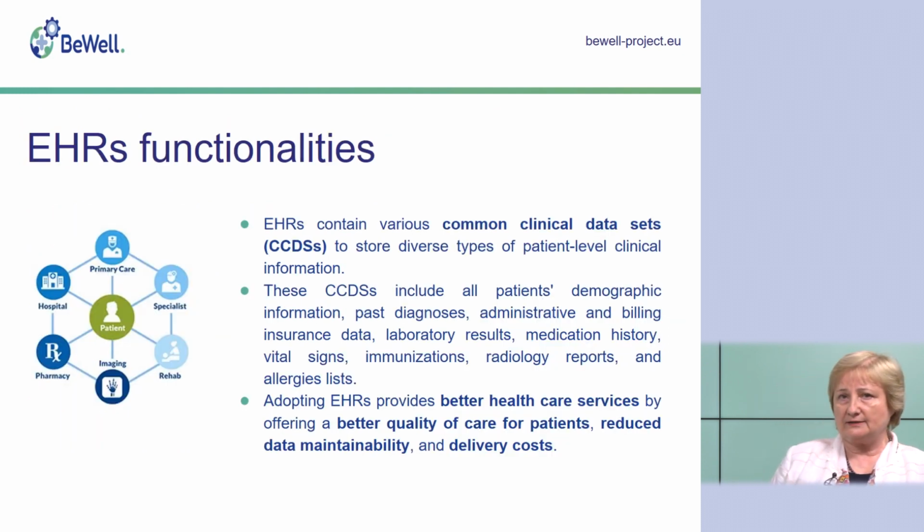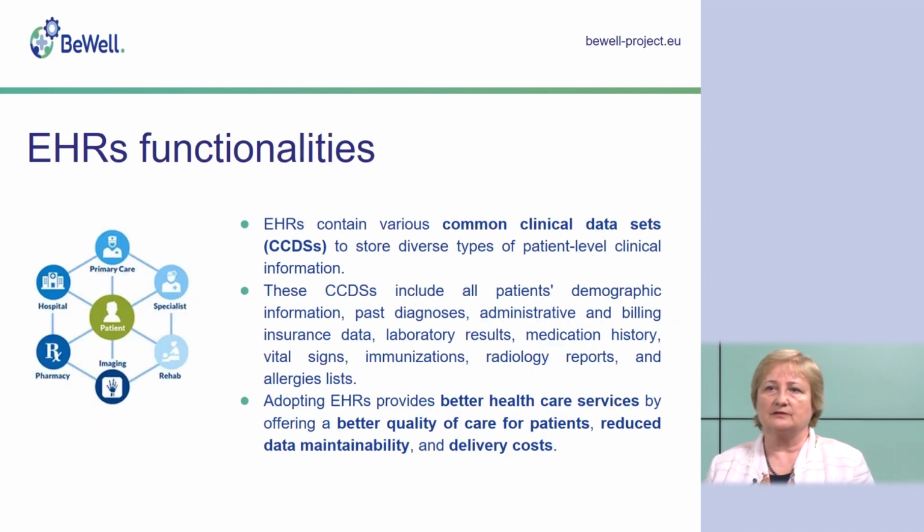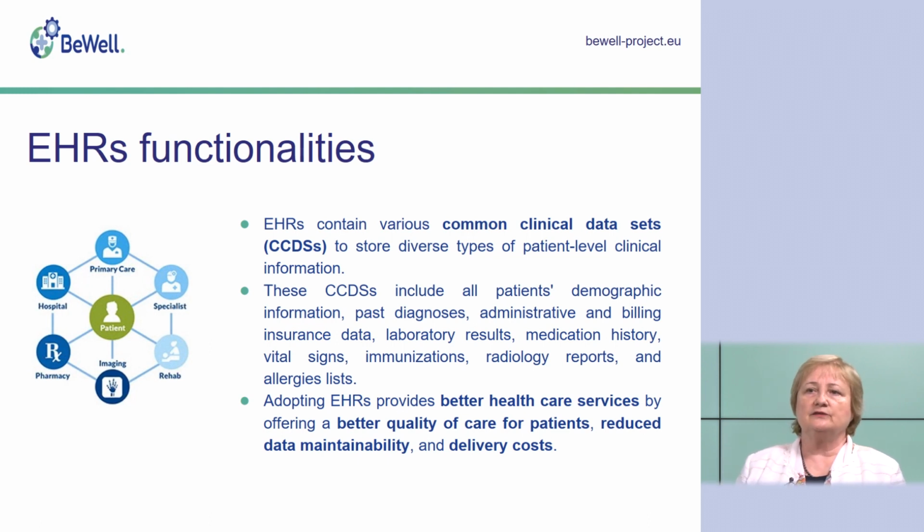What are the functionalities of electronic health records? Electronic health records contain various common clinical data sets to store diverse types of patient-level clinical information. This includes all patient demographic information, past diagnosis, administrative and billing insurance data, laboratory results, medication history, vital signs, immunizations, radiology reports, and allergies lists.